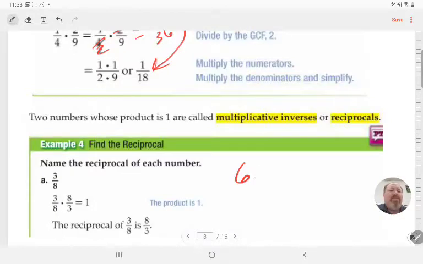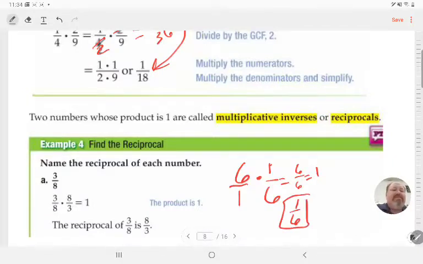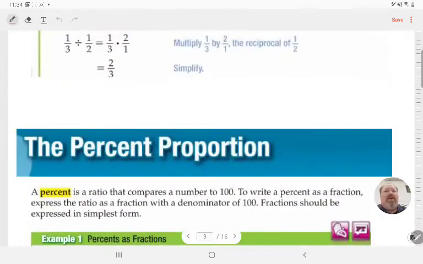Well, it would be a number that would multiply together to get 1. So remember, 6 can also be written as 6 over 1. So if I multiply it by 1 over 6, I get 6 over 6, or 1. So the reciprocal of 6 is 1/6. Okay. All right.